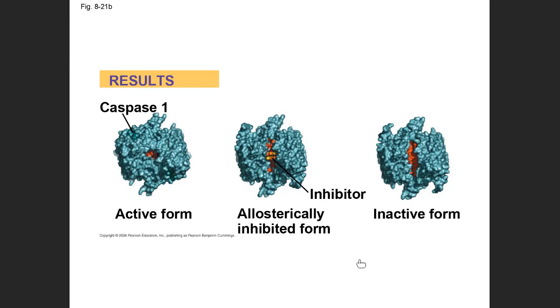Because when the inhibitor binds to the allosteric site, it causes a conformational change in the shape of the enzyme, and that changes the active site so it can no longer bind to its substrate. So here we just see an example of that, where the active form and the inactive form have some differences in the shape of the enzyme.